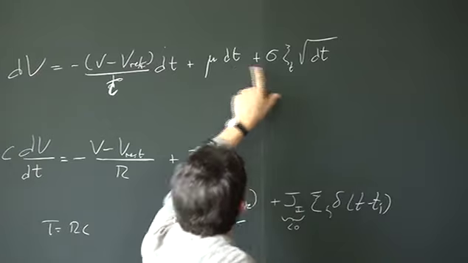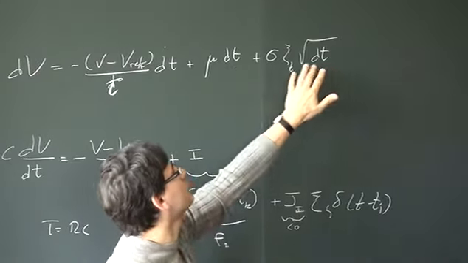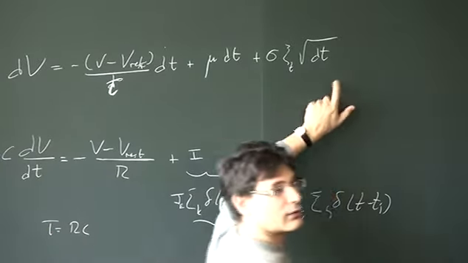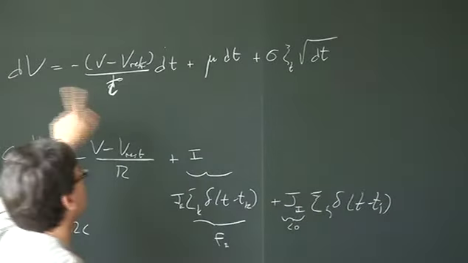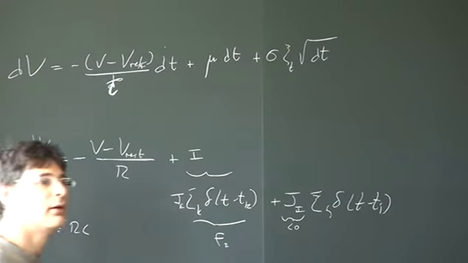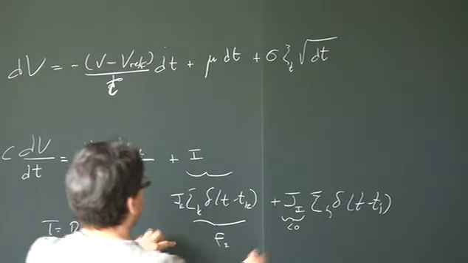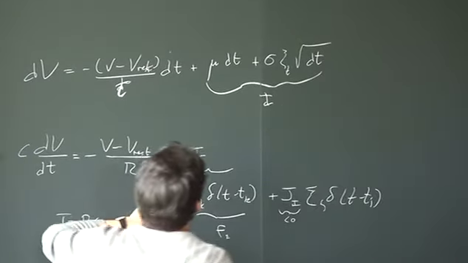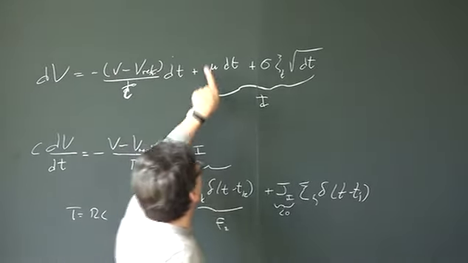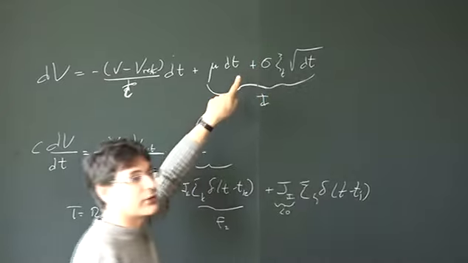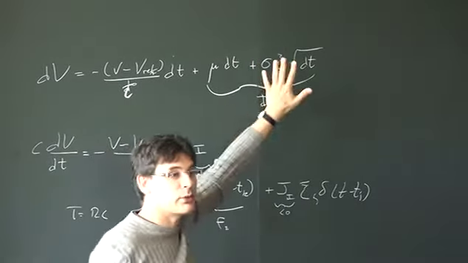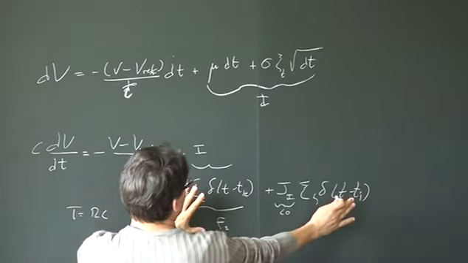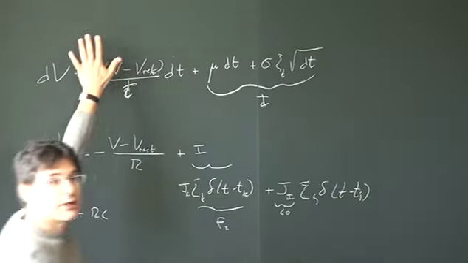So you see, this should give you a hint why this is not differentiable if you divide by dt. But mu are the same kind of inputs you were putting before. This now will be your input I, and written like this it doesn't mean anything. It only makes sense when you put it in an equation like that. And if you take the diffusion approximation of this equation, you end up with something like that.